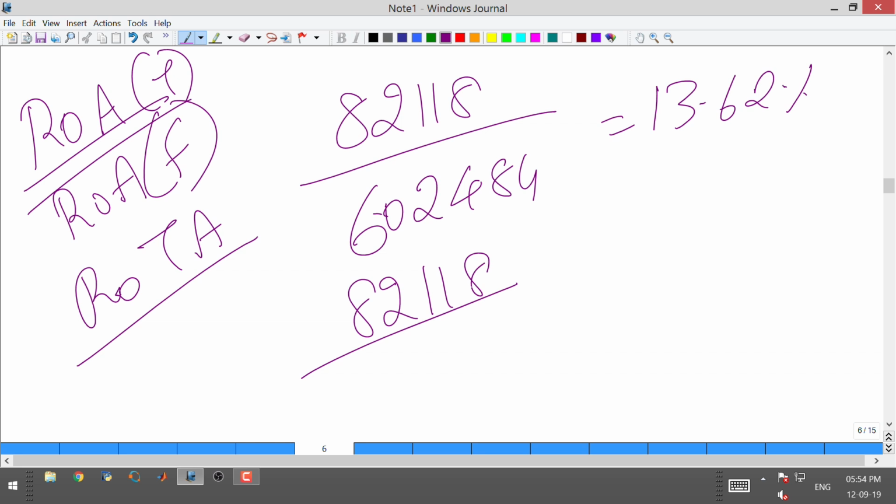My total fixed, non-current assets are 523,184. It is about 15.69% that we get here.